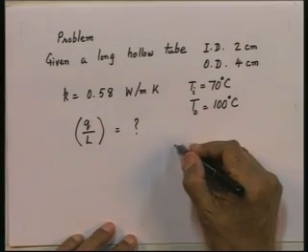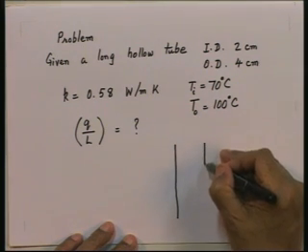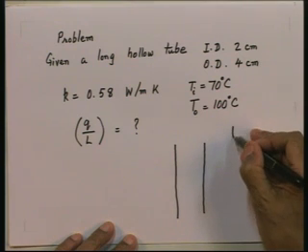Now, one good habit which I think you should get into is to always draw a sketch of the physical situation that you are dealing with. Very often one can visualize it. It is a simple enough situation that you can visualize it, but still it is a good habit to always draw a sketch. So, in this case, if I draw a sketch, it is going to look something like this. Let us say this is the outer surface, this is the inner surface, and this is the center line.